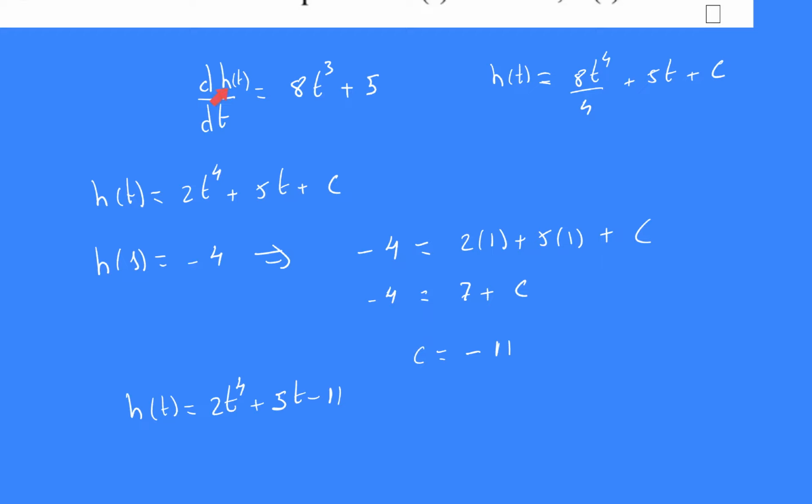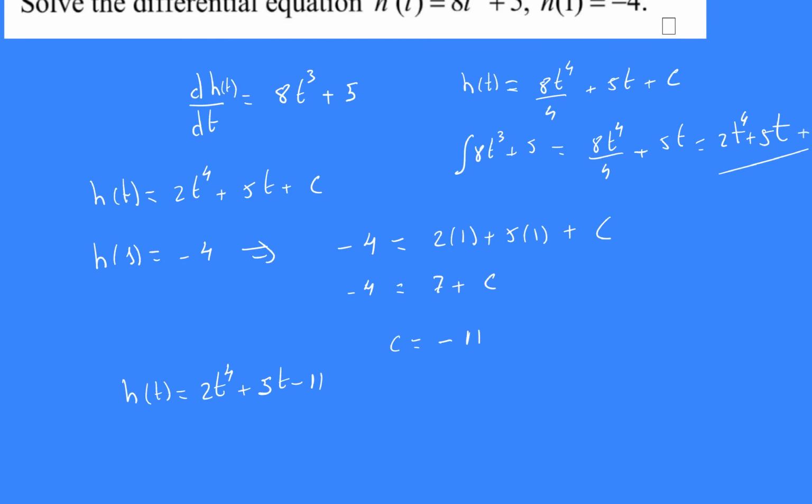The function that I have to plug in here, in a way that the derivative with respect to t will be 8t cubed plus 5, is the function 8t^4 divided by 4 plus 5t, or 2t^4 plus 5t. Okay, so plus c.